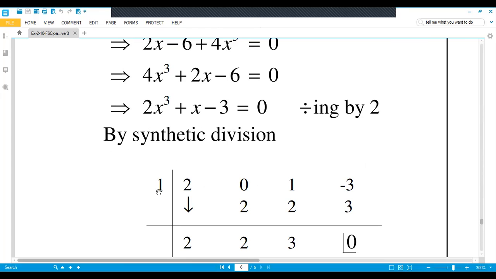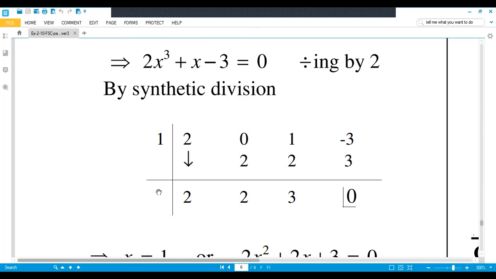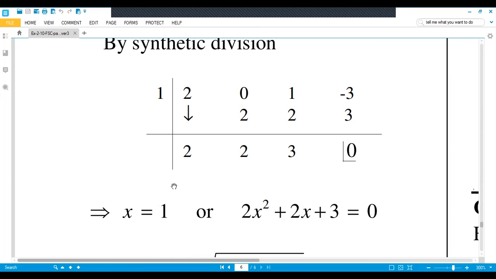Let's suppose its factor is 1, so 2 as it is, 2 ones are 2, you put 2, 2 plus 0 is 2. 2 ones are 2, you put 2 here, 2 plus 1 is 3. 3 multiplied with 1 is 3, minus 3 plus 3 is 0. So you get 2x square plus 2x plus 3 equal to 0, and x is equal to 1 for this.